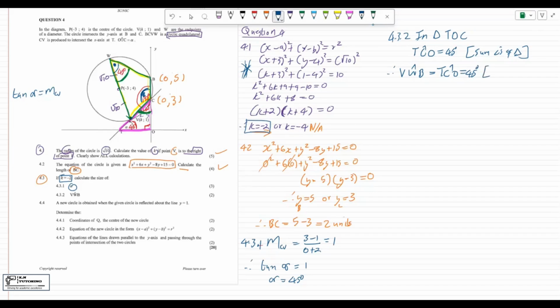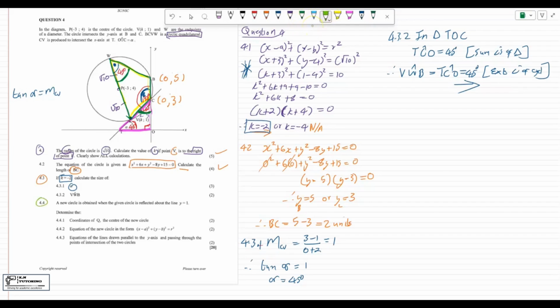And the reason for that was that it is the exterior angle of a cyclic quad. It's equal to the interior opposite angle. And that is your answer, 45 degrees. All right, beautiful, beautiful, beautiful stuff.